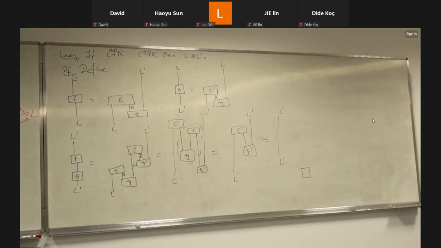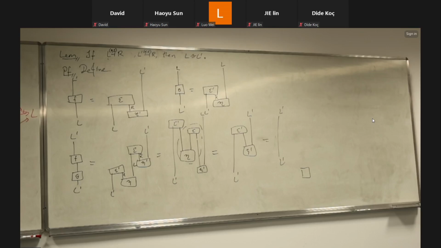Okay, so what about when we have dual objects in a symmetric monoidal category? After all, that's what we're really interested in. And then we might very reasonably ask, well, can we say that, for instance, if L is left dual to R, then R is left dual to L?